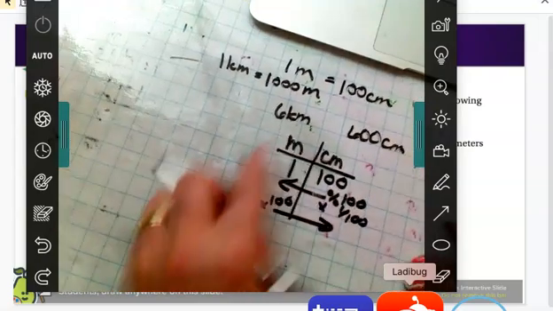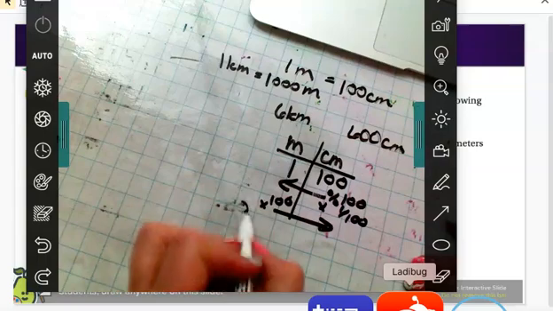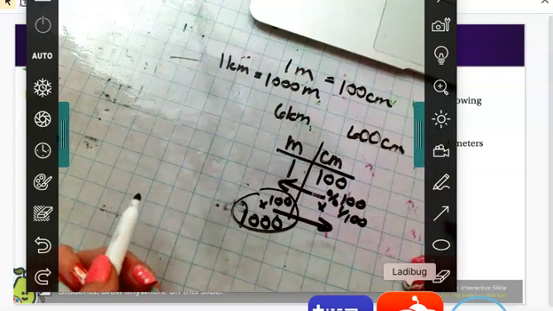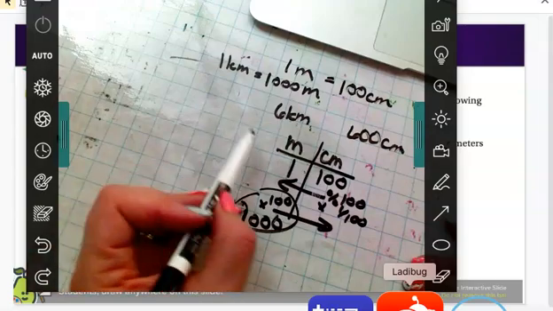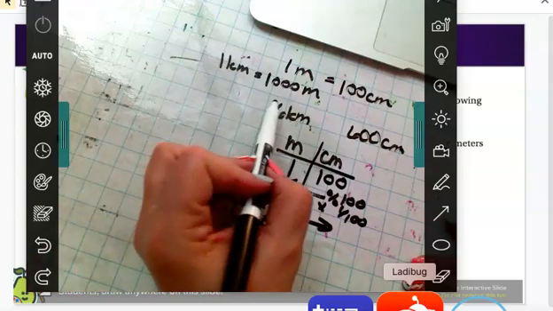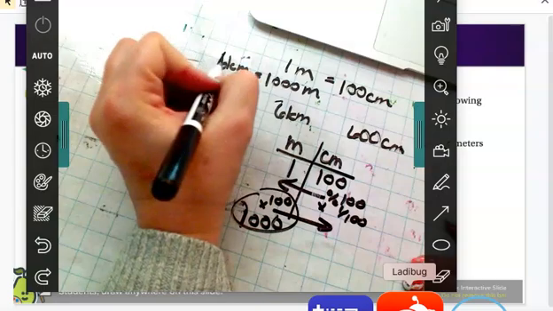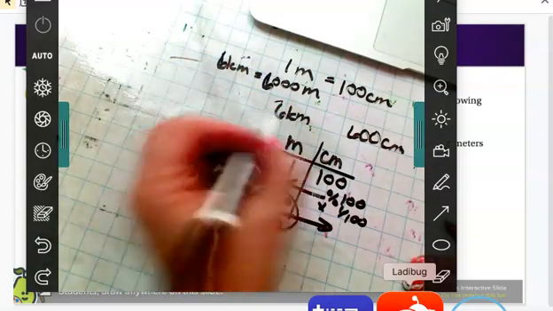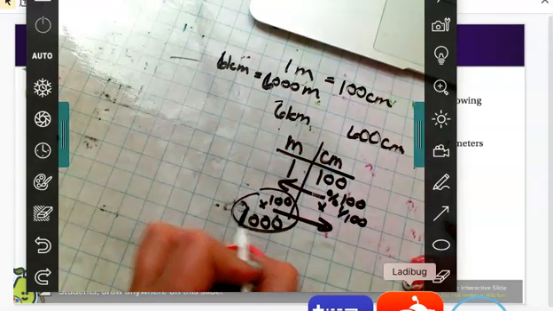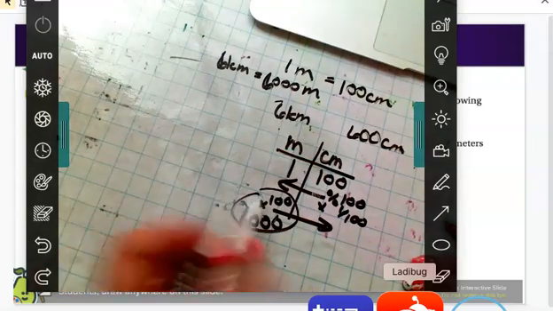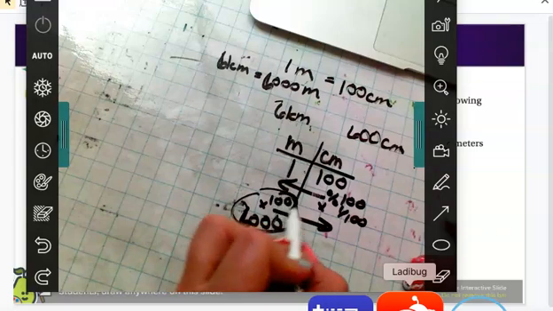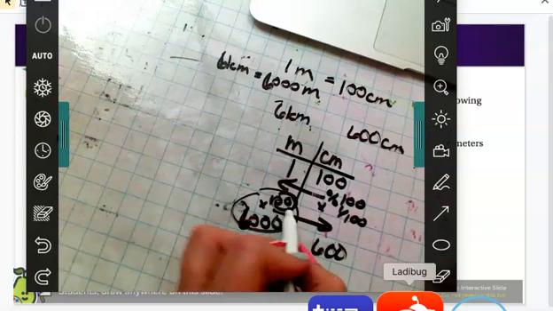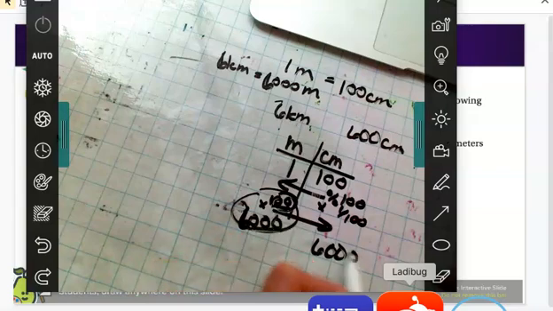Well, again, I have 1,000 meters. So I have to multiply that by what? Well, actually, I don't have 1,000 meters. I have 6 kilometers, which would give me 6,000 meters. Do you see that? That was the 6 kilometers I am comparing. So I have 6,000 meters, and I have to multiply that by 100. Again, the properties of 10, I just add those two zeros to the ones I already had.